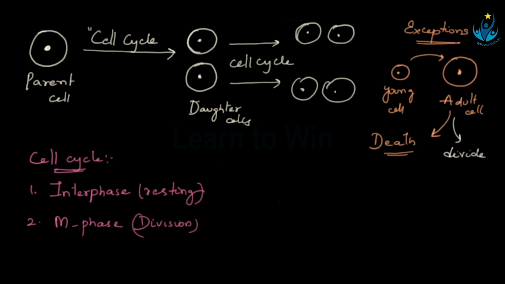So all the events that happen before the cell division happen in the interphase, and the actual division process occurs in the M phase. Now interphase is the longest phase of the cell cycle, and M phase is known as the shortest phase of the cell cycle.